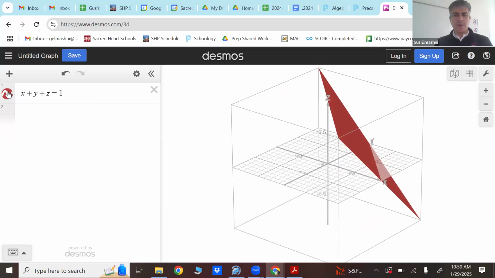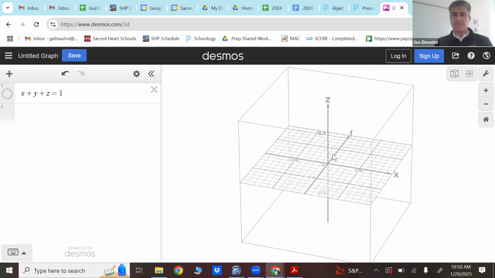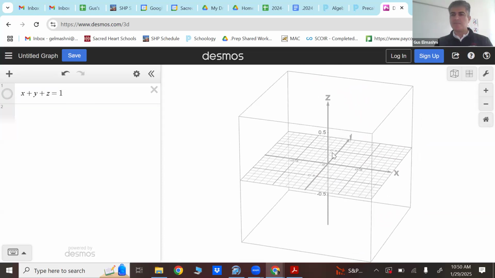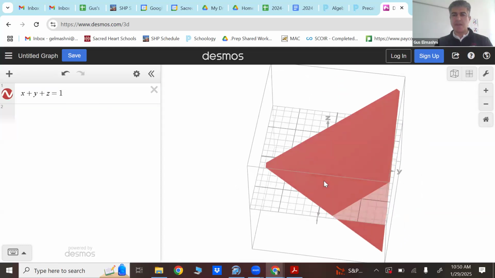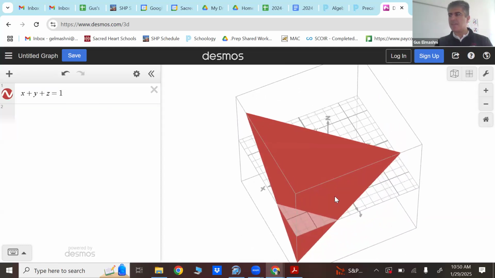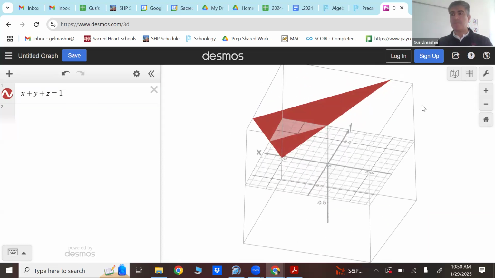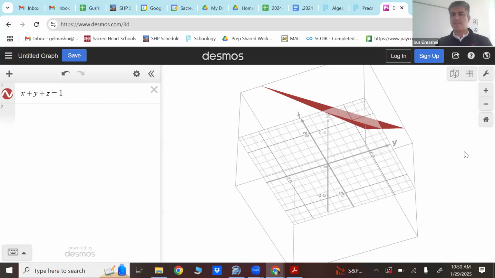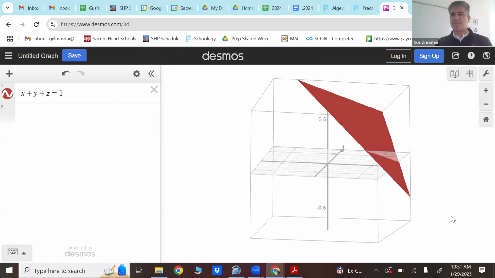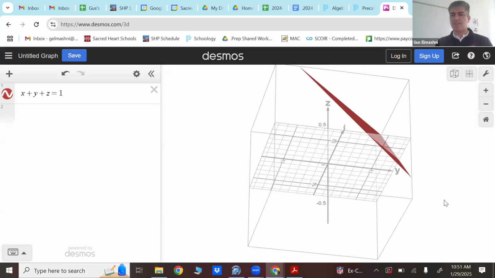Let me actually turn this off for a moment. Can you show it again? That's because you probably zoomed in or zoomed out. I don't see the hexagon. Mine looks like that. x plus y plus z equals 1. Try rotating it. It should be a triangle.